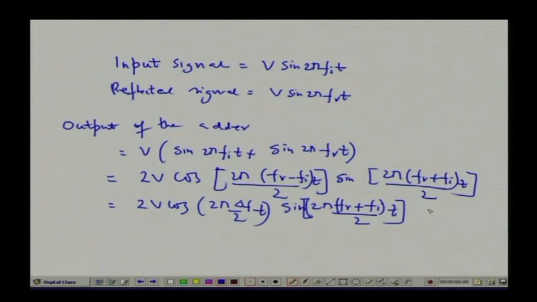So, you see these equations of a modulated wave with the carrier frequency, this is the carrier frequency, right, and the modulating frequency is delta f by 2.